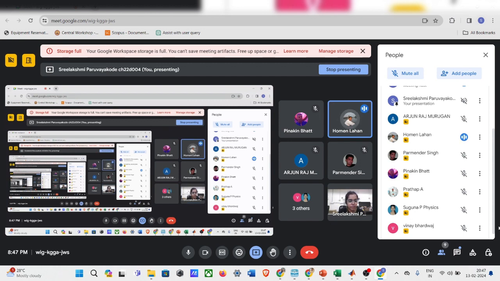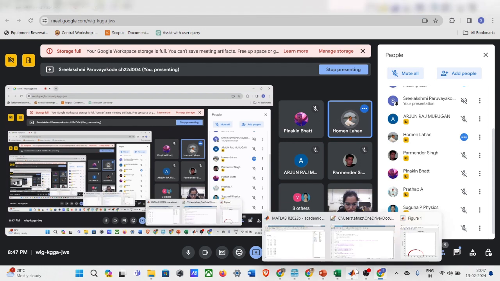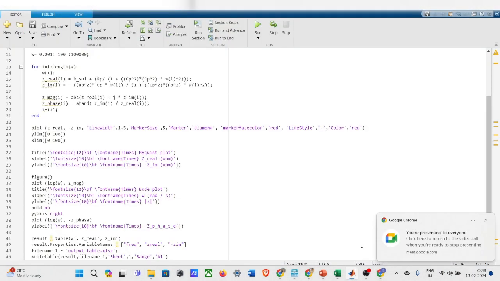Ma'am, can you plot these Nyquist plot curves in Excel? Nyquist plot in Excel, but the issue is Excel will be even more difficult, right? In the sense that you will have the square root. Here your frequency value keeps changing, and based on that you can do it, no problem. But you will have terms like CP square, RP square.